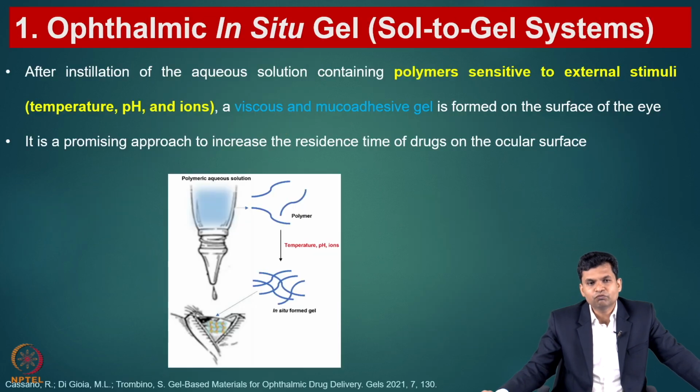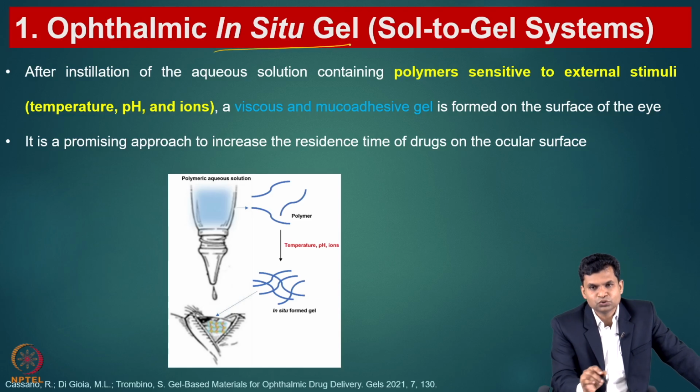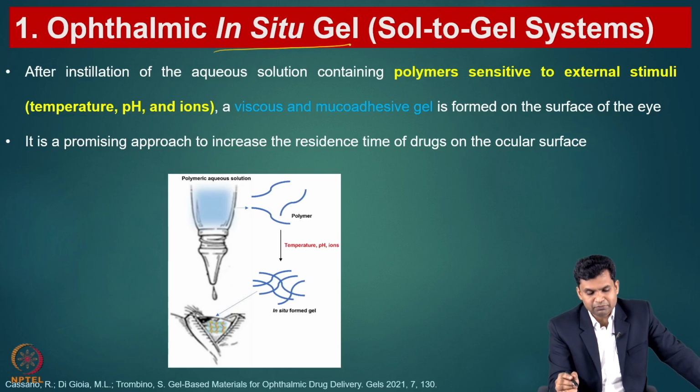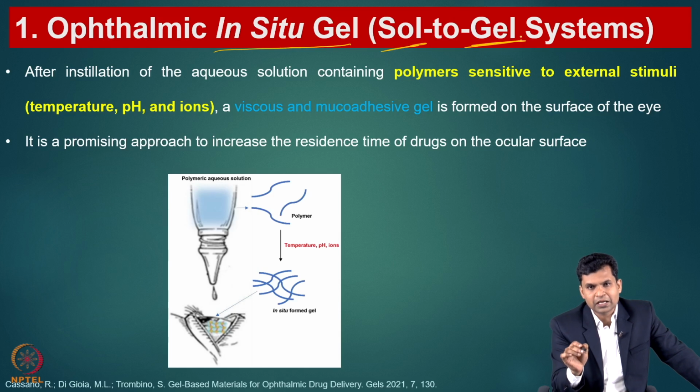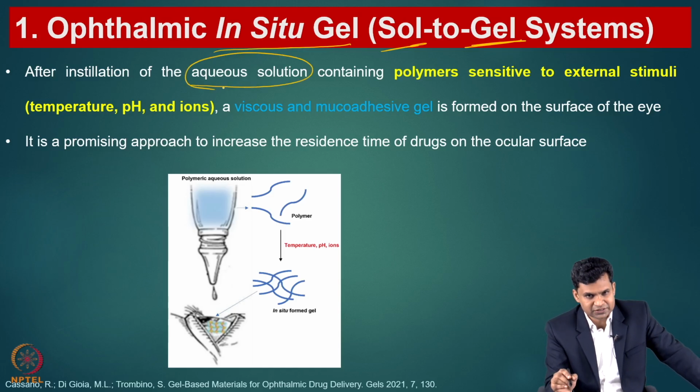First we will see what are the ophthalmic in situ gels. The name itself speaks: they convert the solutions to the gelling systems. Before administration these formulations are available as aqueous solutions.